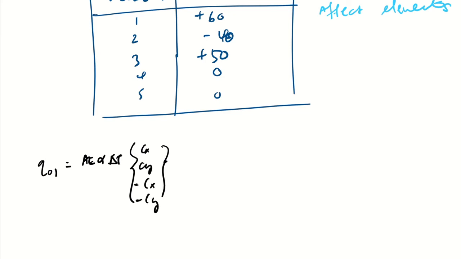We check back: AE, the unit is in kilonewton. Alpha, the unit is per degree Celsius. Delta T, the unit is degree Celsius. And Cx, Cy, no unit.